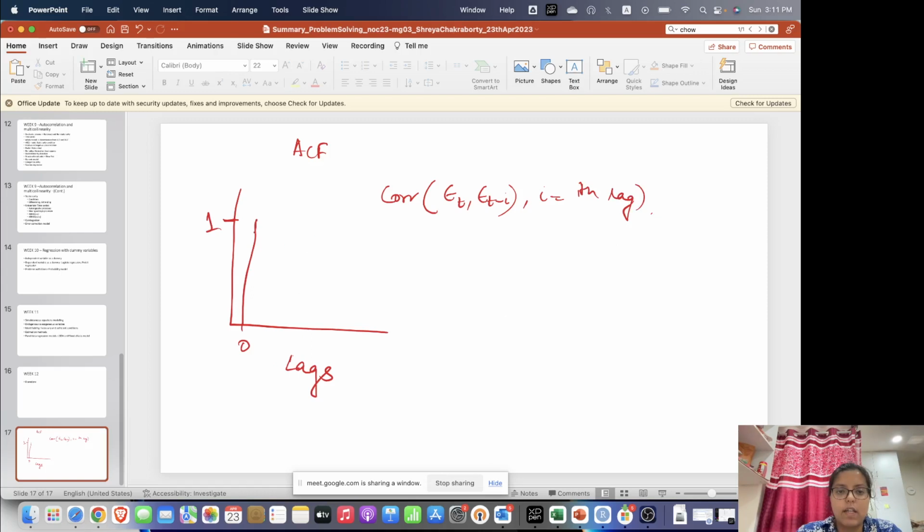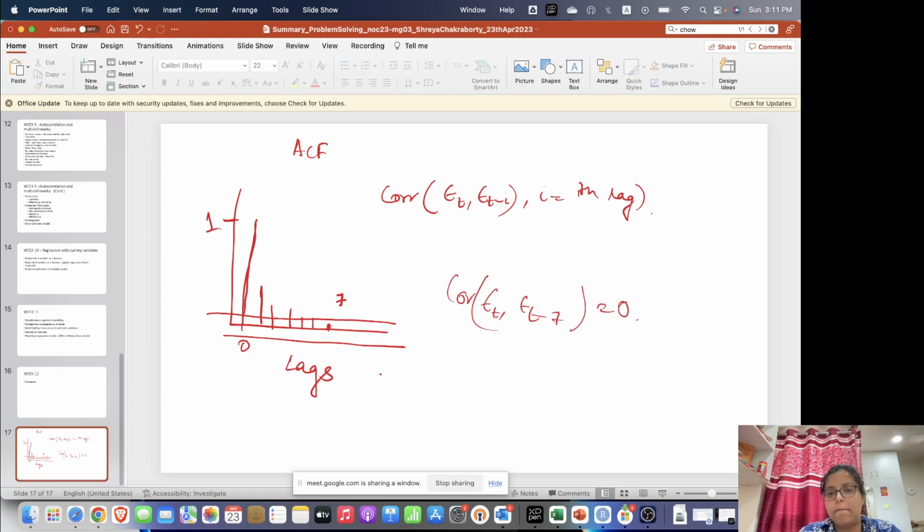That is going to determine the moving average process. Let's say this is the 5% level of significance. If I have something like this, let's say this is lag 7, the correlation between ET and ET minus 7 is 0 if it falls within this boundary.